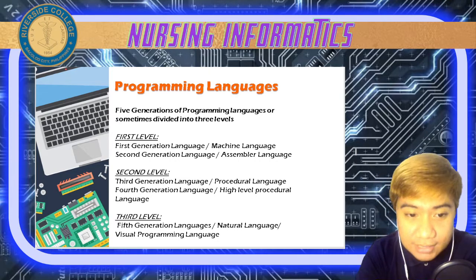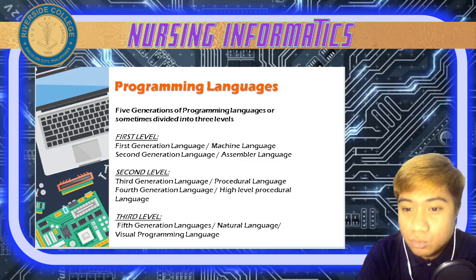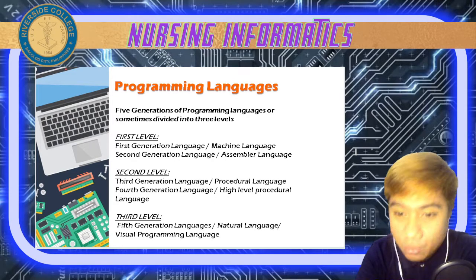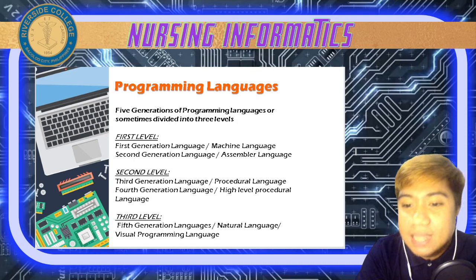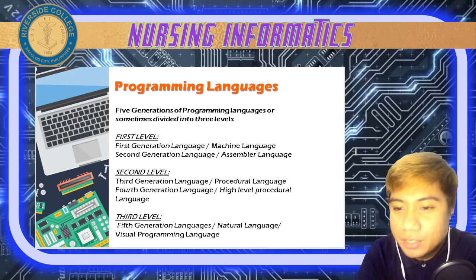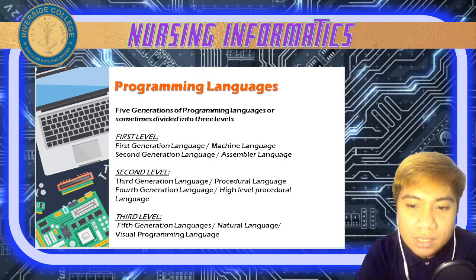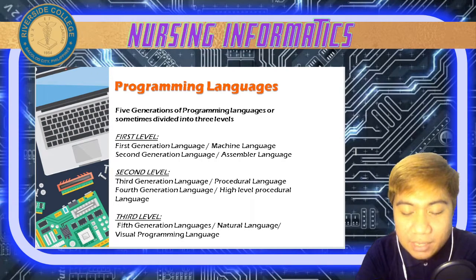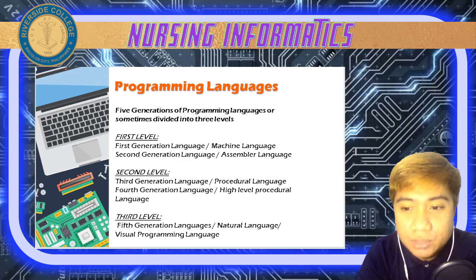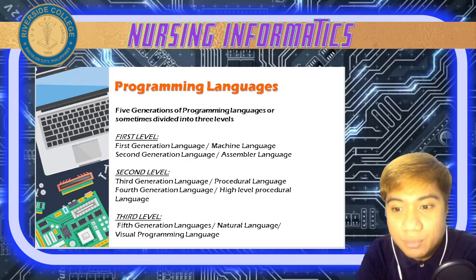We have your first level, which includes your first generation language, or your 1GL, or also called as your machine language, and includes your second generation language, or your 2GL, or your assembler language. Second level class, we include there your 3GL, or your third generation language, or also known as your procedural language.